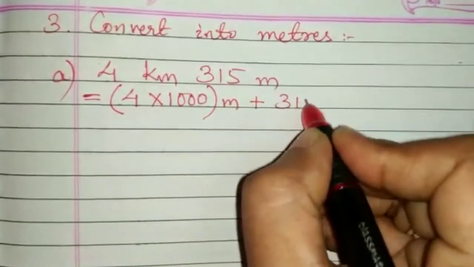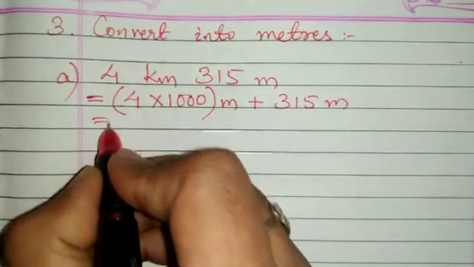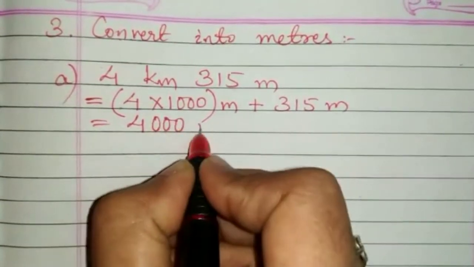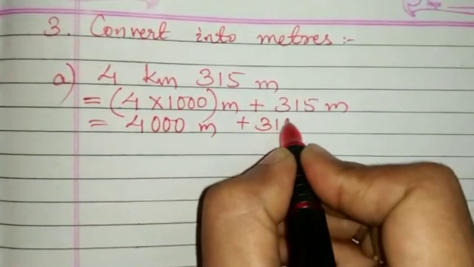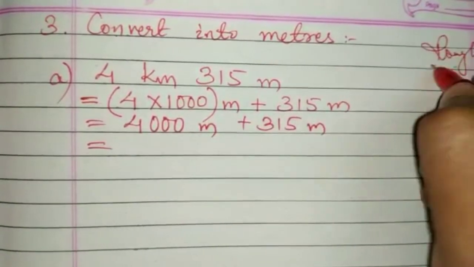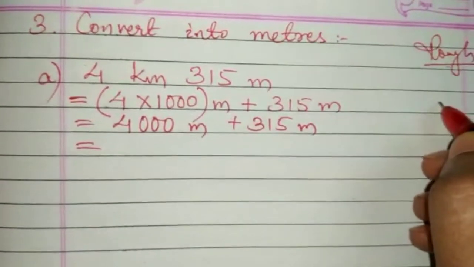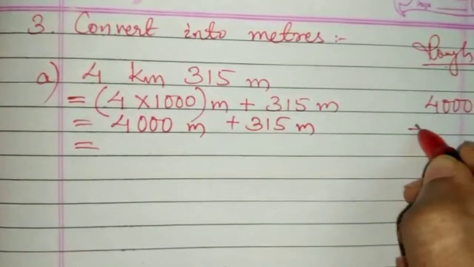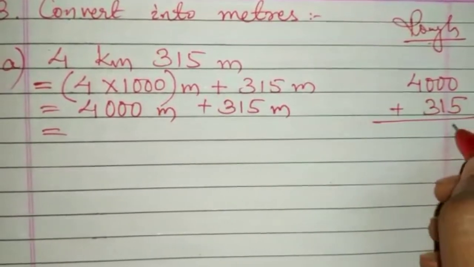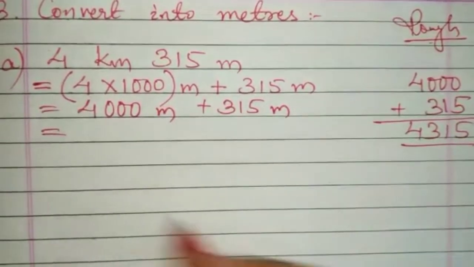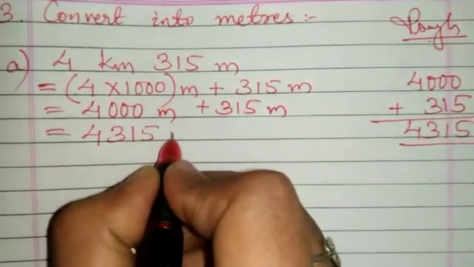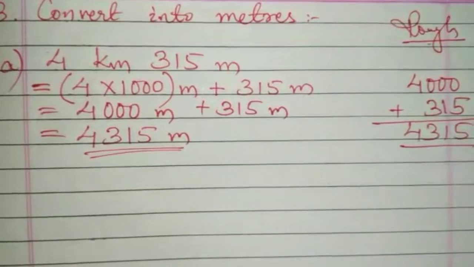Add 315 meter and we are going to get. So 4 into 1000 is 4000 meter plus 315 meter. So as I told you, always add in the rough and then write, otherwise you will do mistake. So 4000 plus 315. Now 5, 1, 3, 4. This is 4350 meters. This is the way how to do it.